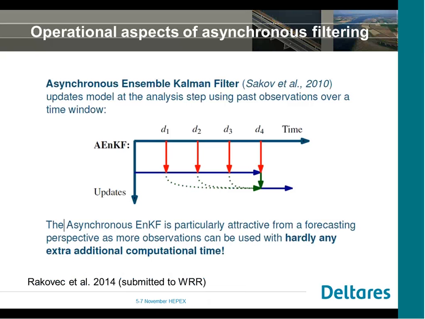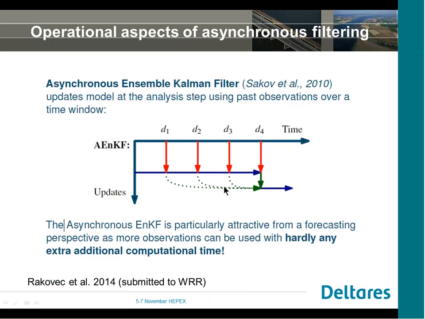Then Albrecht went on, and we focused on operational aspects of asynchronous filtering, which is a method that was developed by Sakov et al. in 2010. This method is available in OpenDA. We tested this asynchronous method, and it basically makes it possible to assimilate multiple observations at the same time. This is not very difficult.